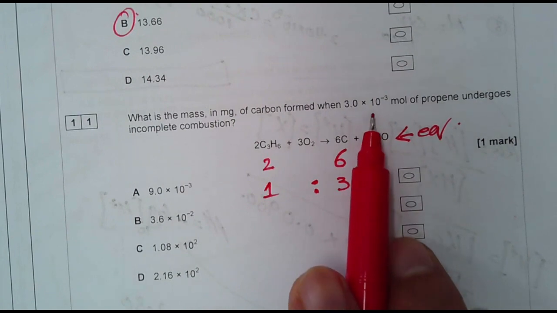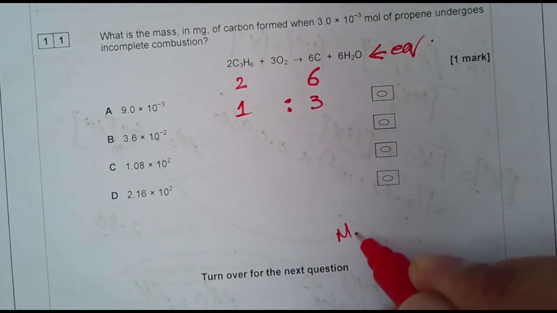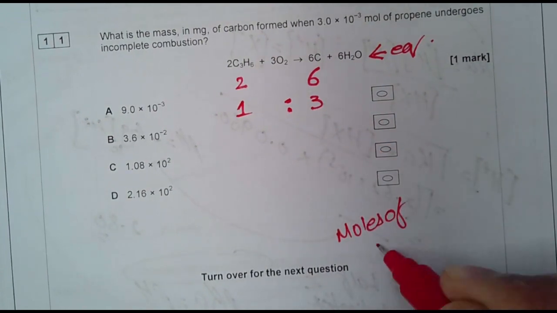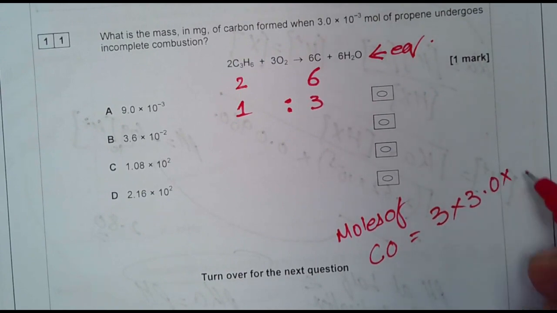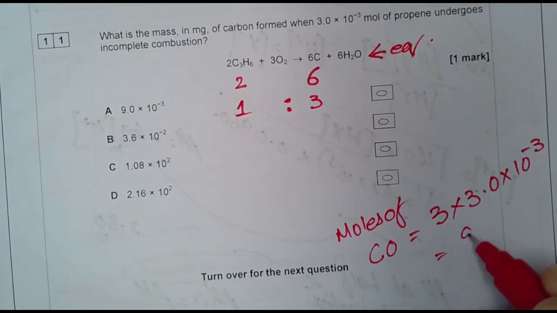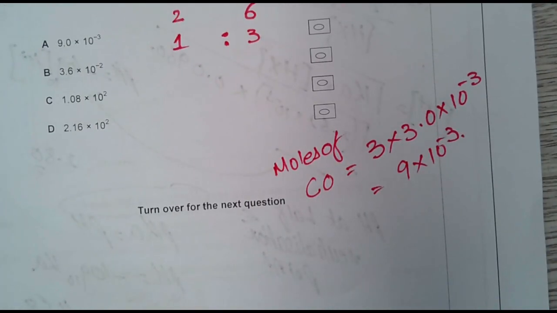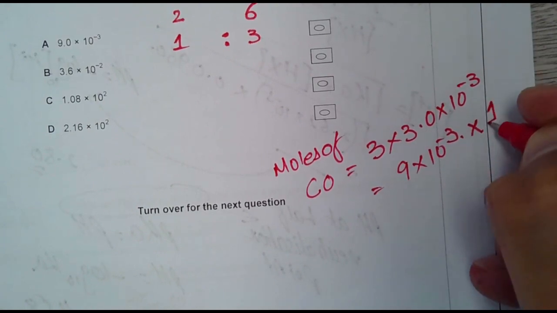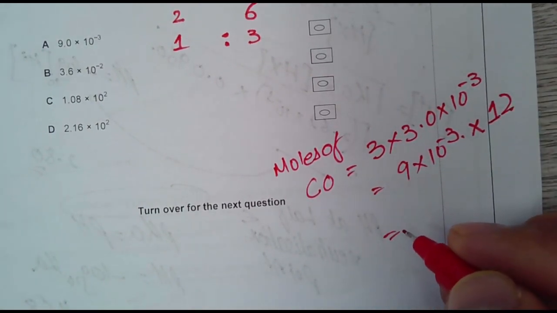So if you burn this many moles of propene, the moles of carbon produced will be 3 times 3.0 times 10 to the power of minus 3, which is 9 times 10 to the power of minus 3. These are my moles. Now to convert moles into mass, what will I do? I can multiply it by 12, which is my Ar, and that will give me an answer.